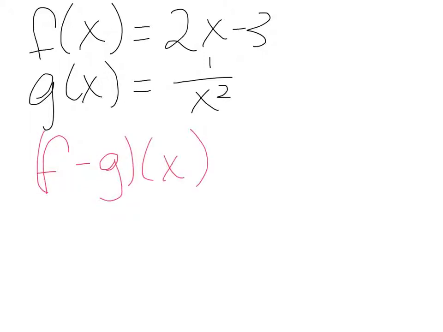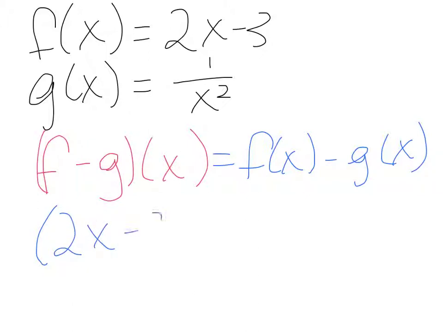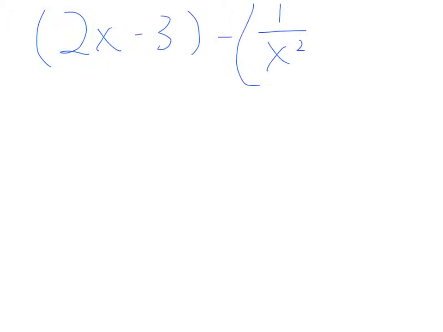So this equals f of x minus g of x, as we learned just now, which means if we just plug it in, 2x minus 3 minus, now the parentheses are important, 1 over x squared. So that was 2x minus 3 minus 1 over x squared in parentheses, and very easily simplified, 2x minus 3 minus 1 over x squared, and that's it.